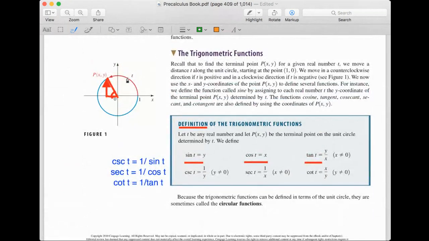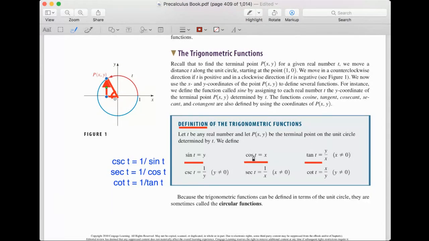If we work with a unit circle, the hypotenuse is 1. Then the sine of the angle equals the opposite side, which is the y value. Think about a triangle like this. Opposite to the angle is a y value divided by 1, or just ignore divided by 1. It's just y.